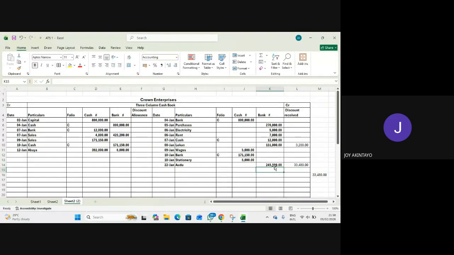I hope you understand. The addition of these two must give us 279,000 naira, as you can see here. That's the sum we have.